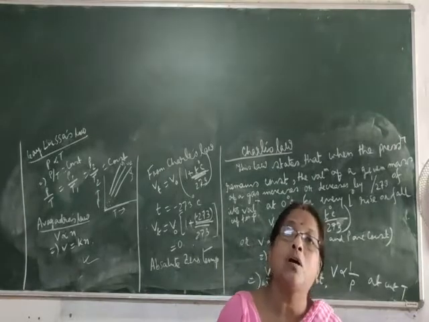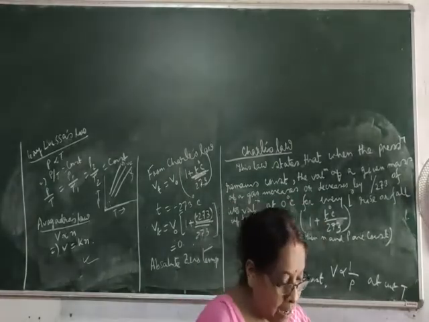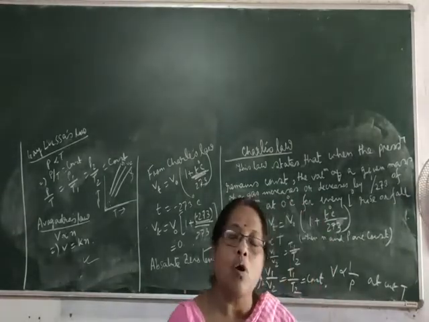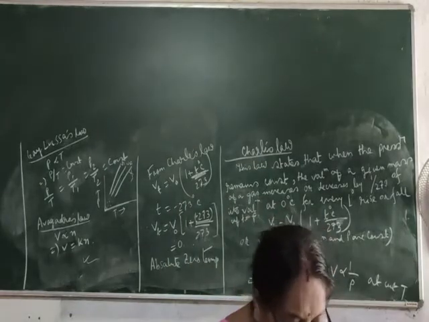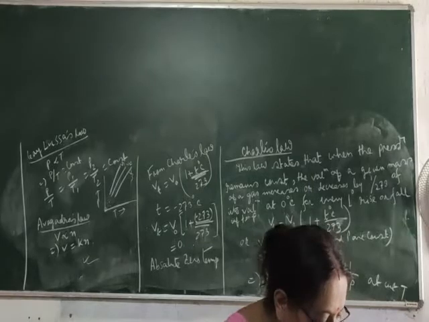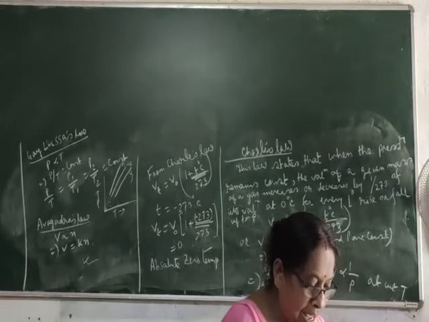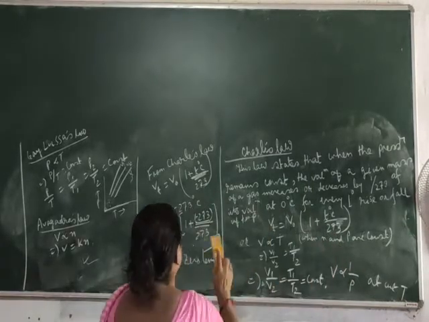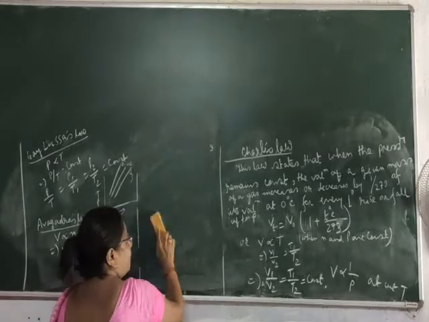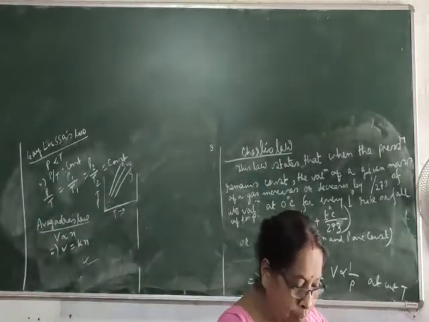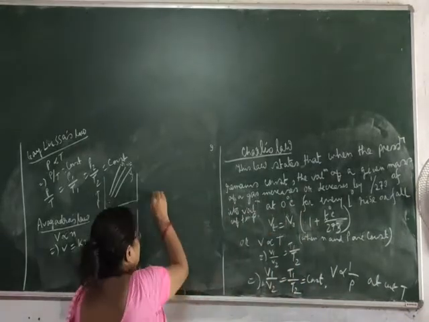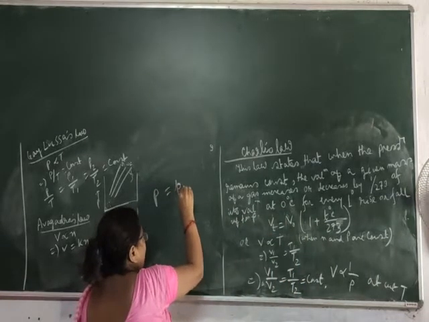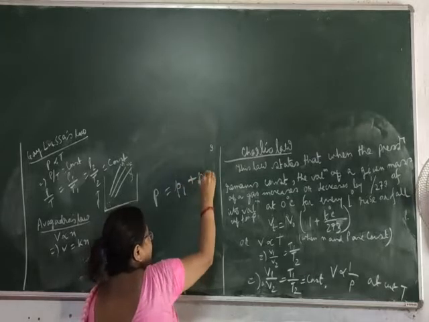Next is our Dalton's law of partial pressure. This law states that at constant temperature, if two or more gases do not react with each other and they are enclosed in a space, the total pressure exerted by the gas molecules is equal to the sum total of the partial pressures. That is P is equal to P1 plus P2 plus P3 and so on.